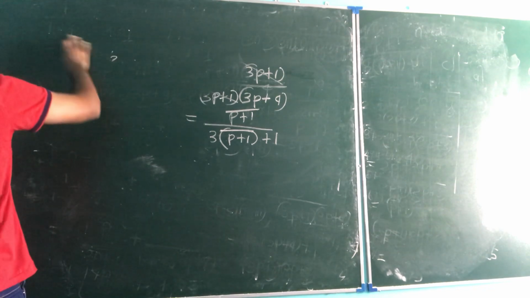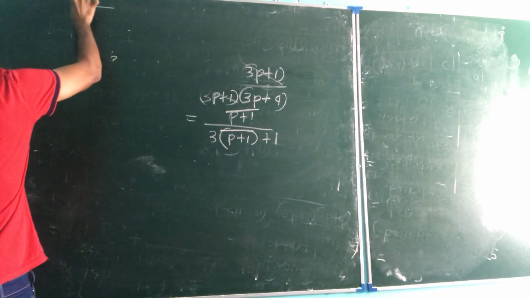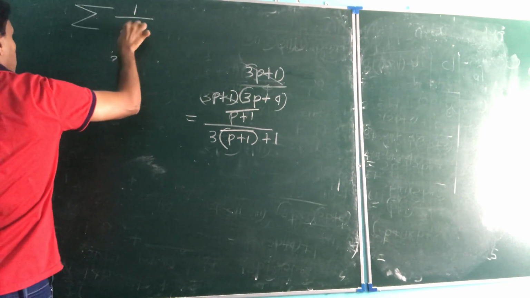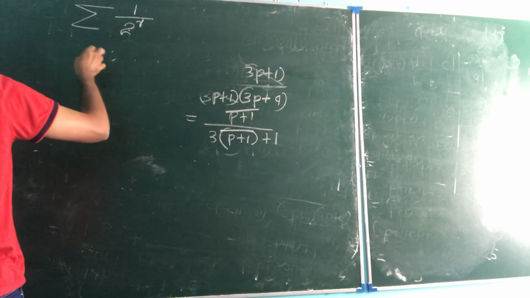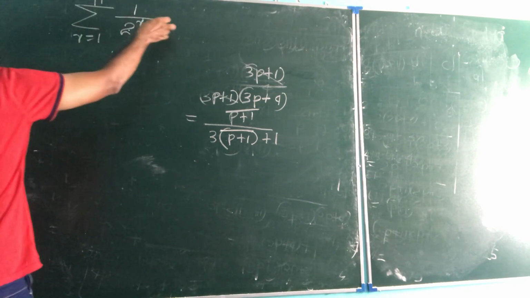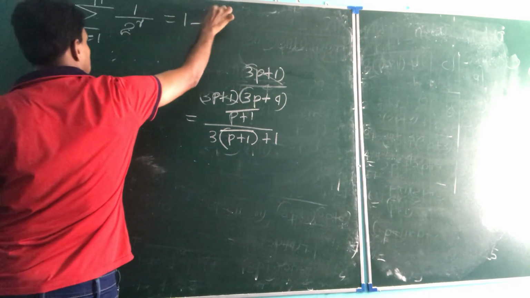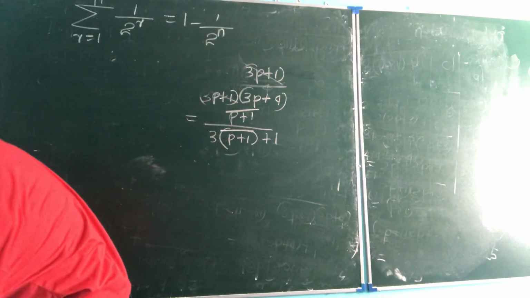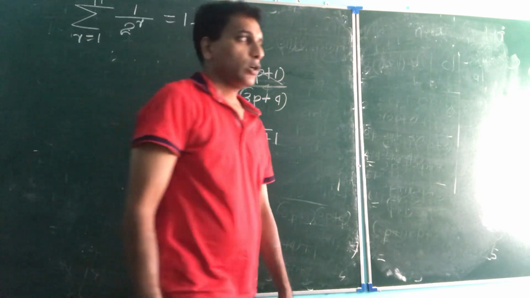I'll show another question with the sigma notation. Sigma 1 over 2 to the power r, r equal 1 to n. Show that it equals 1 minus 1 over 2 to the power n, using mathematical induction.